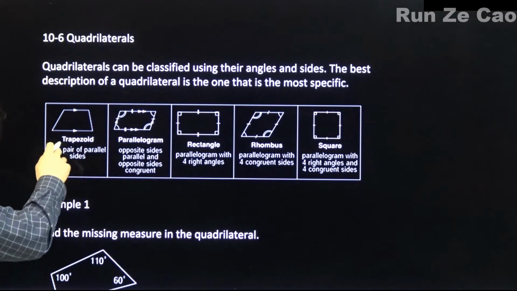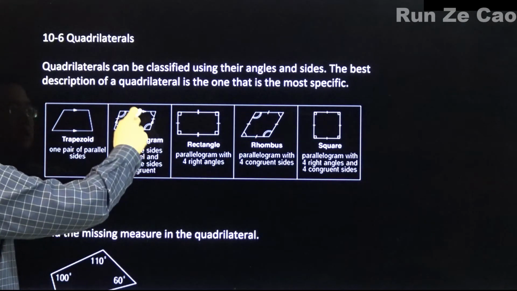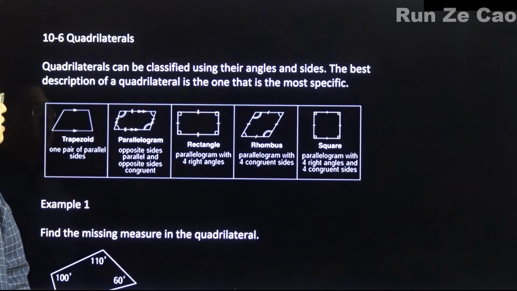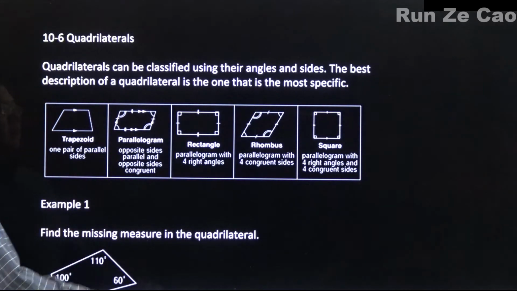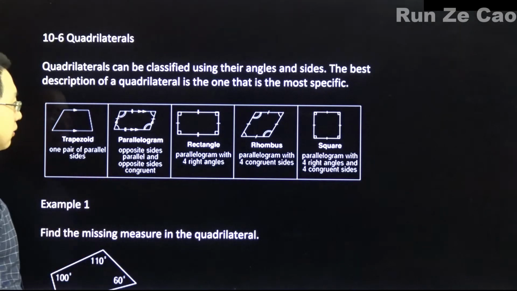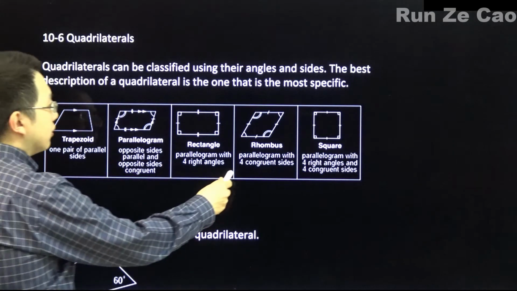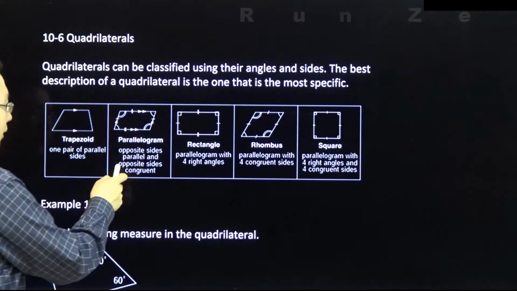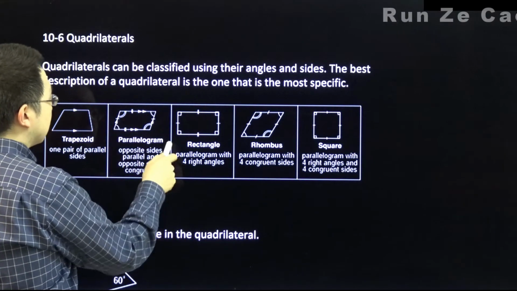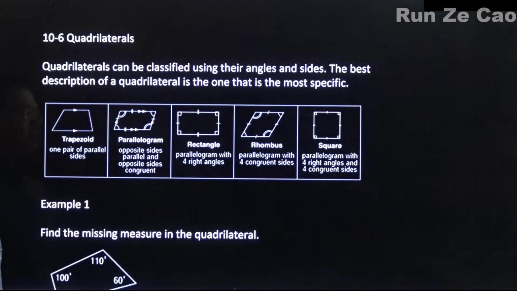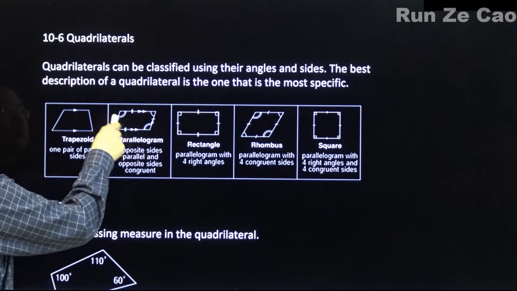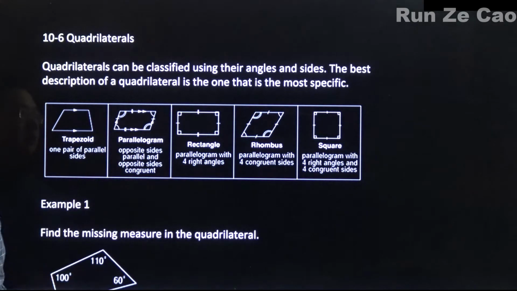If you have a trapezoid that also has the other pair of sides parallel, then you have a parallelogram. If you have a parallelogram that has all the sides equal in length, it's a rhombus. If you have a parallelogram that has all the angles being right angles, then you have a rectangle. In a parallelogram, the opposite angles are equal, by the way.